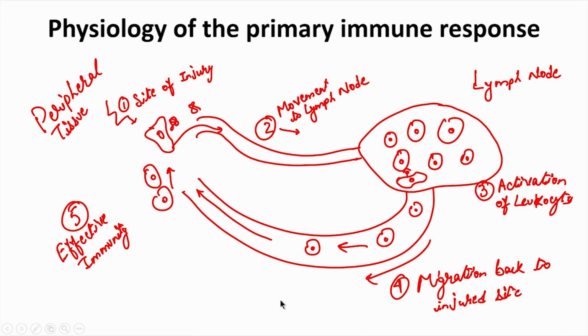Okay. So, let us look at the physiology of the primary immune response. Let us say you have a peripheral tissue, so I will change color. Let us say there is some injury or maybe some pathogen that has come in.